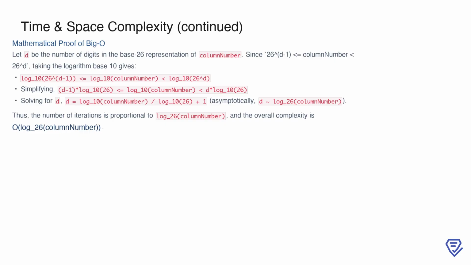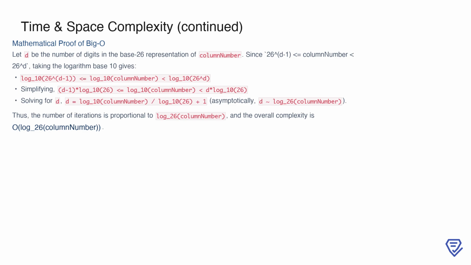To mathematically prove the time complexity, let's define d as the number of digits in the base 26 representation of column number. The relationship between column number and d can be expressed as 26 raised to the power of d-1 being less than or equal to column number, and column number being less than 26 raised to the power of d. Taking the base 10 logarithm of this inequality gives us (d-1) log_10, 26 ≤ log_10, column number < d log_10, 26.